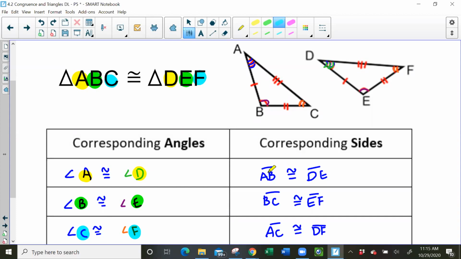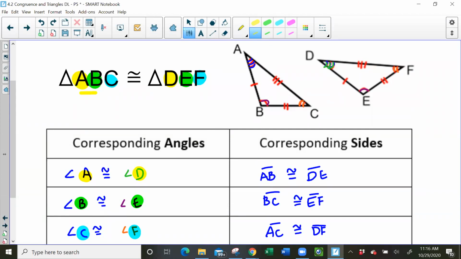It also works, and some people find that the angles are easy to pick out because you just need to look for the angle markings. The sides are sometimes tricky. So let's look at this. Notice that I can say AB.